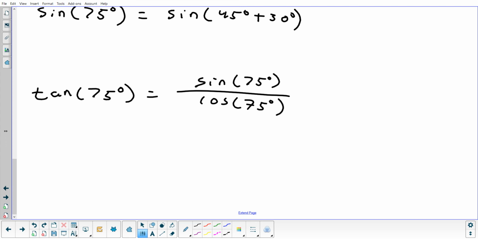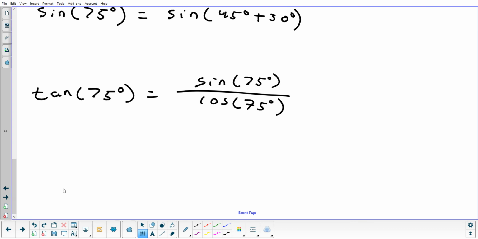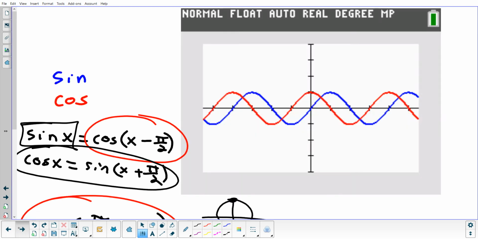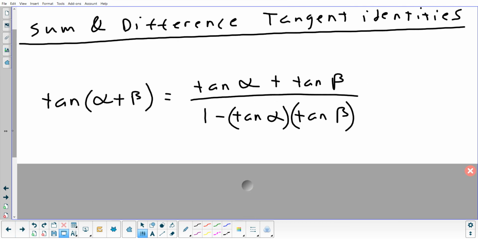And then we can try one. So I'm going to give you the tangent sum and difference formulas. Again, they're not really formulas I have memorized. I always have to look them up if I need to use them.